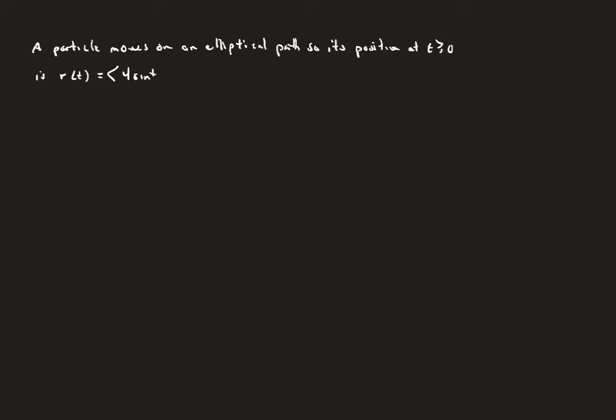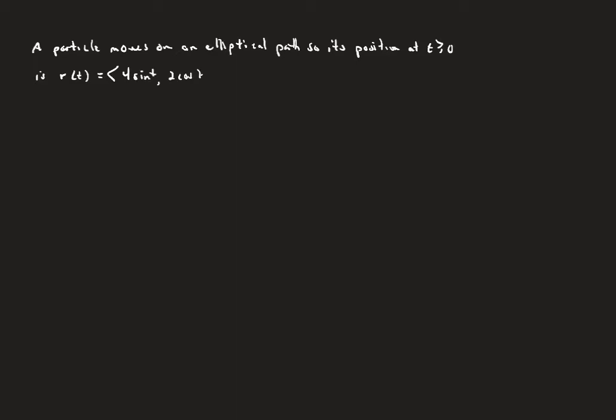So I'm going to say a particle moves on an elliptical path so that its position, which I'm going to call position at t greater than or equal to 0, is going to be given by, and we called that before, r of t is going to be the vector 4 sine t, comma, 2 cosine t.